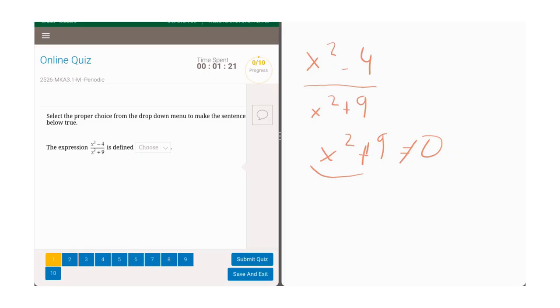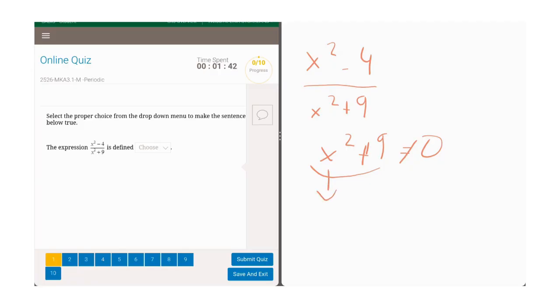And here it's x squared plus 9. When it's a square plus another number, then it's impossible to make it equal to 0, because a square is always positive no matter what value.